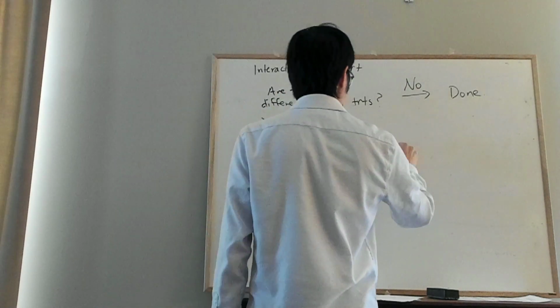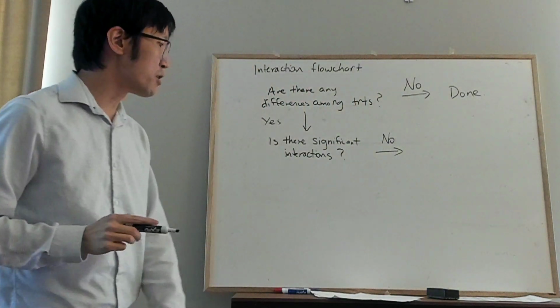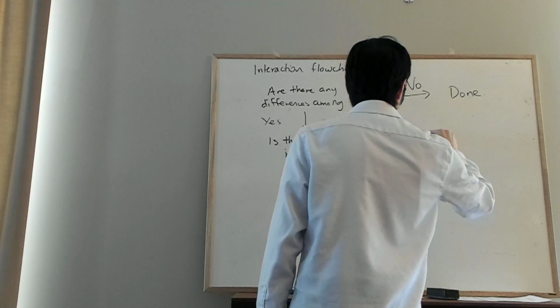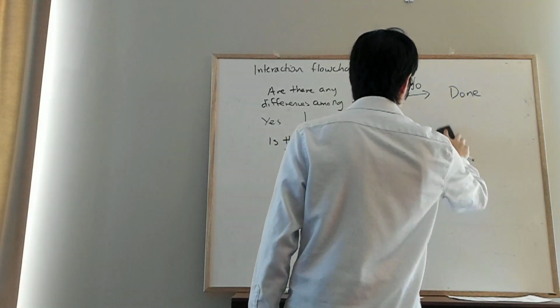Okay, and so let's write down what I said. If there is not a significant interaction, then we can drop the interaction terms from the model. So if not, then we can use the additive effects model.